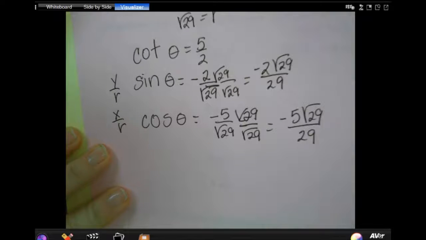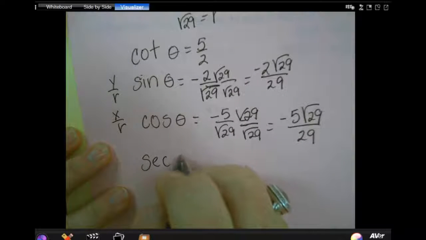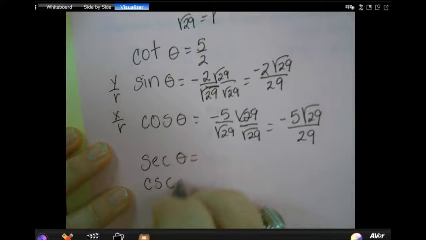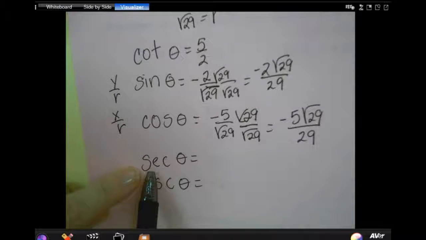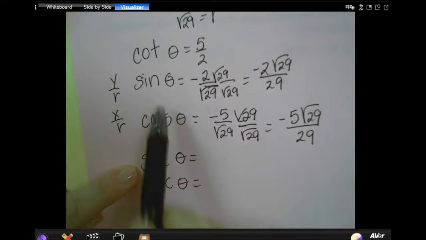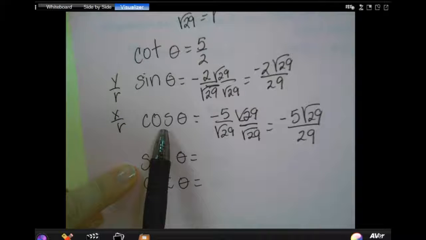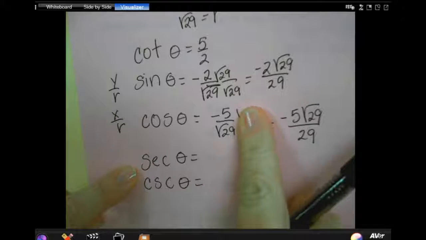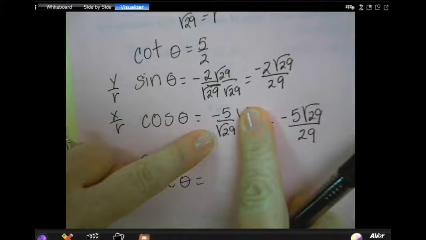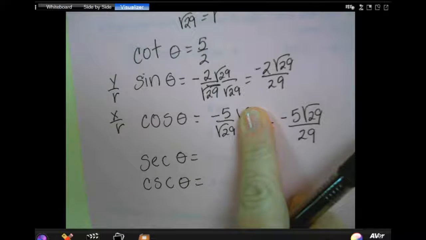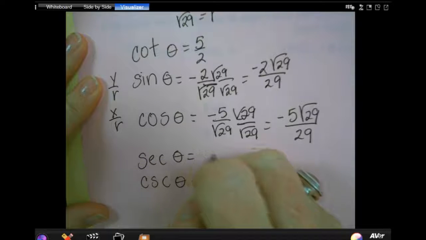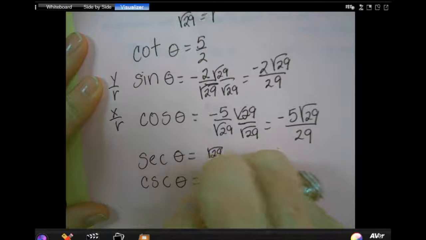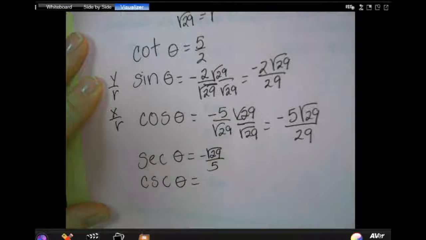Okay, now we're going to do the scary ones. The secant of theta and the cosecant of theta. Look, the secant starts with s, so I can't use the sine, so I'm going to use the cosine. So it started as negative 5 over the square root of 29. Here we go. It's the square root of 29 over 5.